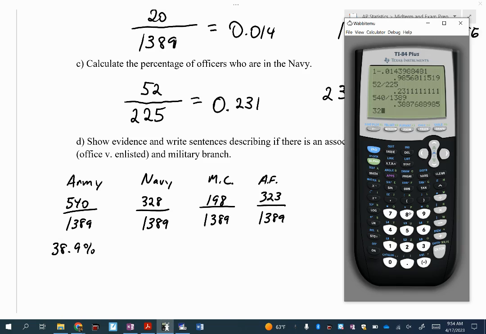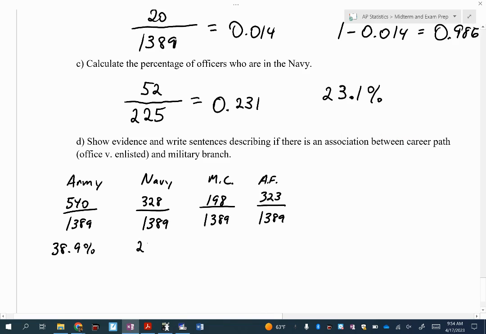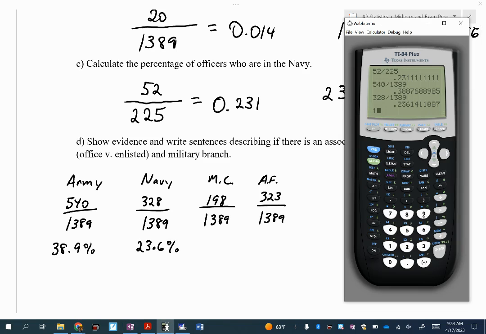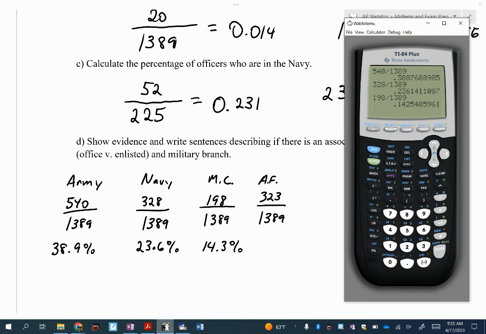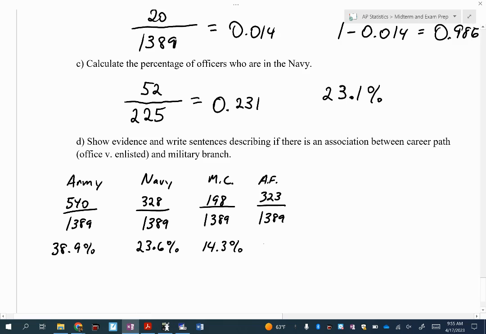Same thing for Navy, 23.6%. Marine Corps, 14.3%. And finally, Air Force, 23.3%. I'm going to pause here. Does anybody have any questions so far?